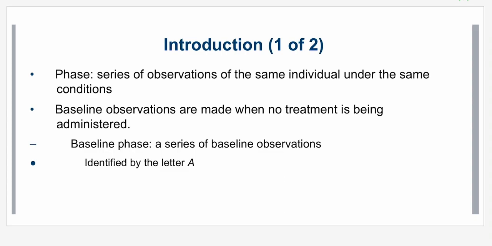But that series of observations is called a phase. Now you know that term. It changes when the treatment changes, or something is manipulated or taken away. An example of the phases is before treatment, during treatment, after treatment, stuff like that.